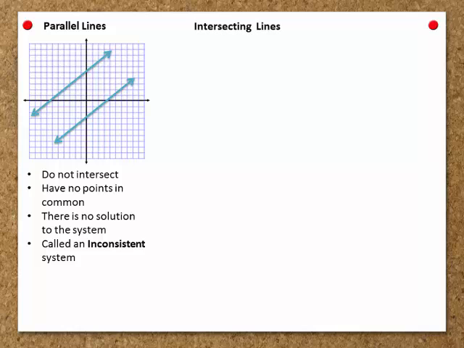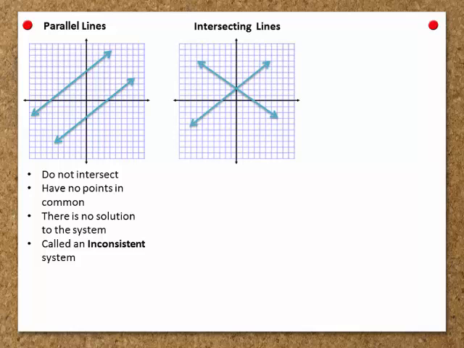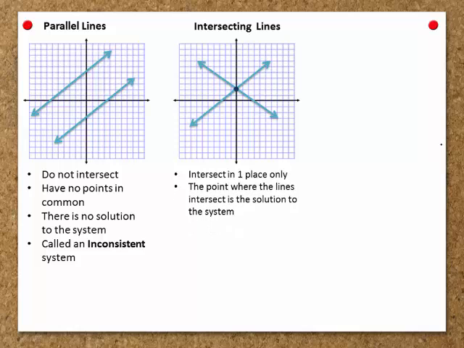Or you can have intersecting lines, such as these. They intersect in one place only, right here. The point where the lines intersect is the solution to the system, and this one appears to be 0, 2.